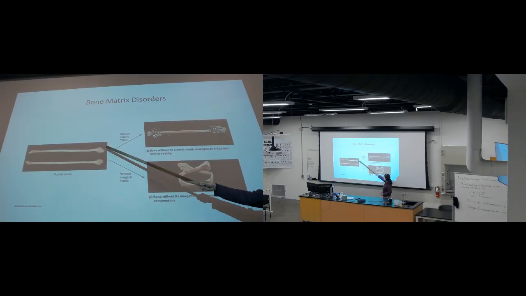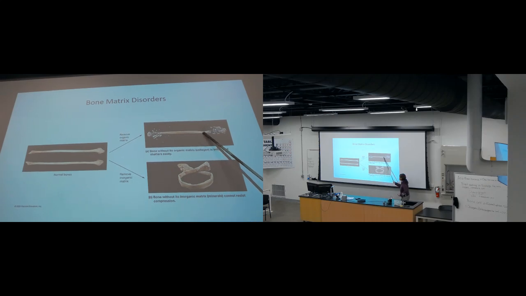So this is a combination of both the organic and inorganic matrix. So you have calcium and you have collagen. In here you have only calcium, so the bone breaks because it's very hard. And in here you have only collagen, so the bones are very flexible. So both of these situations are not good.